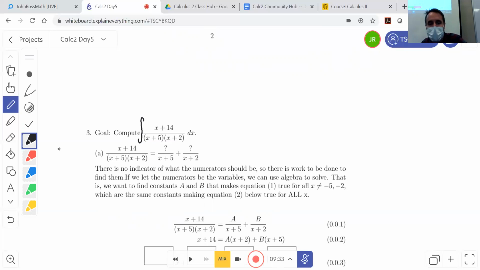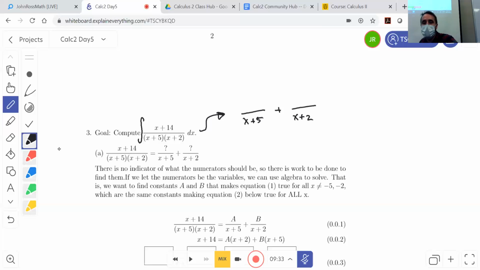We can recognize that because this denominator has these two pieces, the x plus 5 and the x plus 2, we can go ahead and break this up into its components. So it's going to be something over x plus 5 plus something over x plus 2.